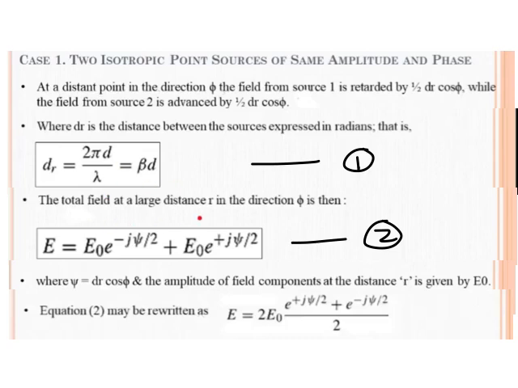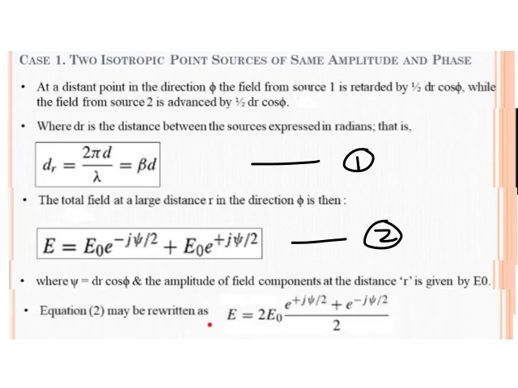The total field at a large distance r in the direction phi is then given by E is equal to E naught exponential of minus j psi by 2 plus E naught exponential of plus j psi by 2, where this psi is nothing but dr cos phi, and the amplitude of the field components at the distance r is given by E naught.